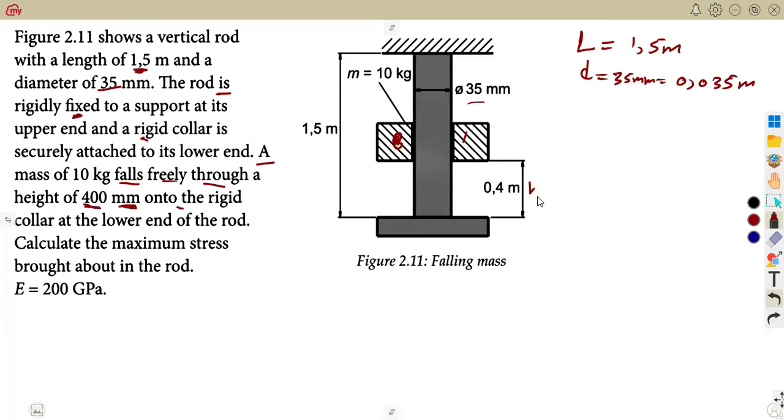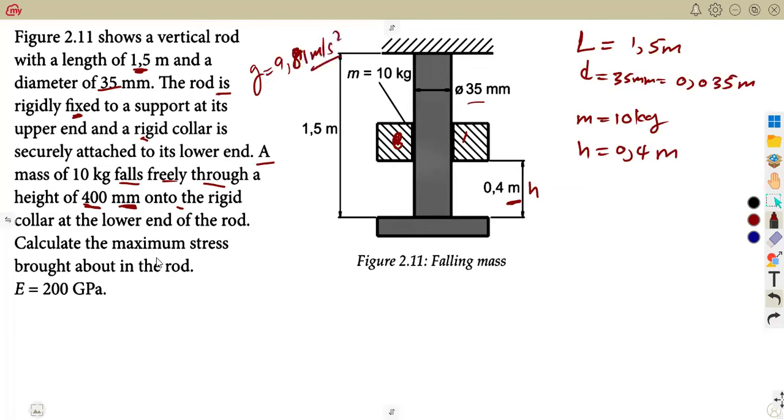So this is the height, the 400 millimeter. If you divide it by 1,000, it is going to give you 0.4. So we've got the mass, the 10 kilogram, and the height, which is 0.4 meters. So it falls freely. Once there's a falling part, we talk of the gravitational acceleration happening there.